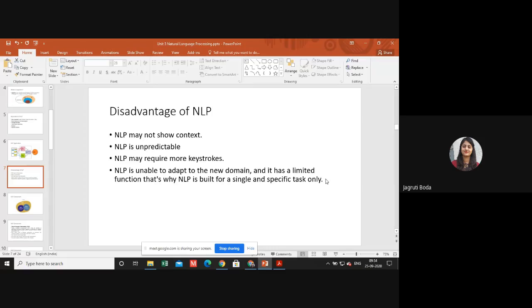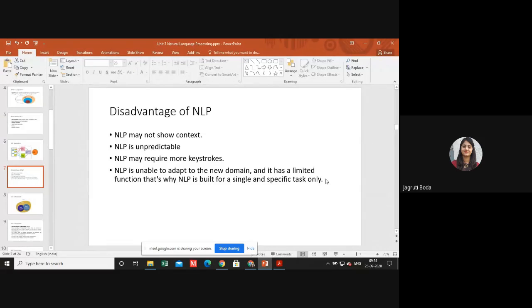You are not covering the whole world system. Suppose you are creating a chatbot for a business, then you cannot create a generalized application, because you give specific answers in your database and return a value for your question based on that. So this is not a generalized form; you are developing an application for a specific task only, so it is unable to adapt to a new domain and has limited functions.